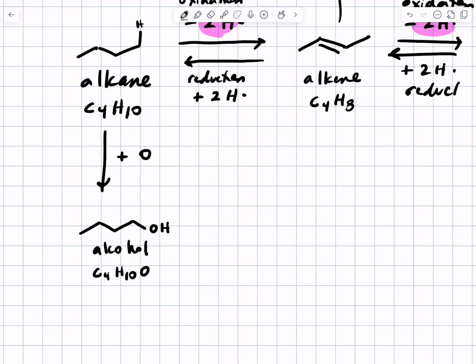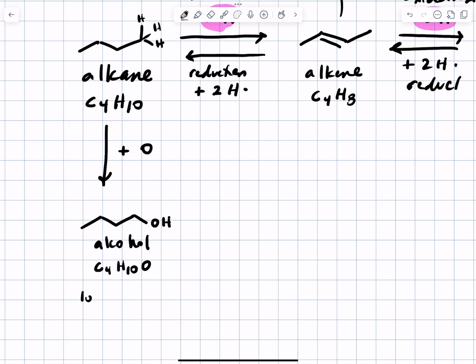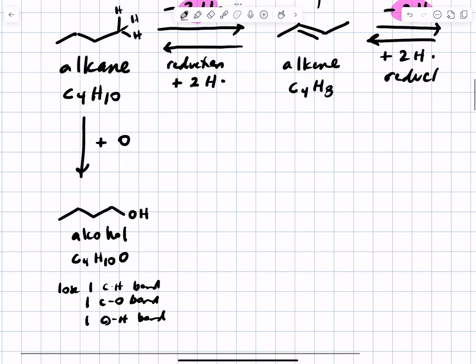We've lost one CH bond, and we replace it with one CO bond and one OH bond. So that's oxidation in two ways, because we've lost the CH bond and replaced it with the CO bond. So an alcohol is oxidized relative to an alkane.